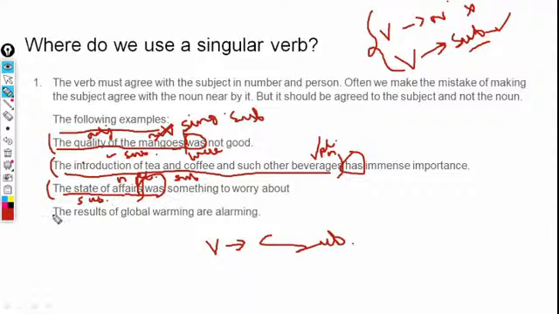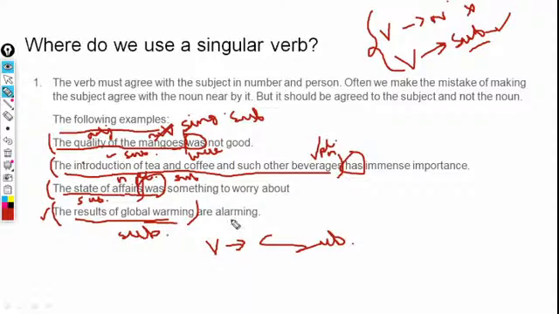Now the last one is different, and that will clear your doubt more properly. The results of global warming are alarming. You think that okay, global warming is singular, why has she given are? Okay, are is plural. But look at this: results of global warming. As I said, this whole thing is the subject.